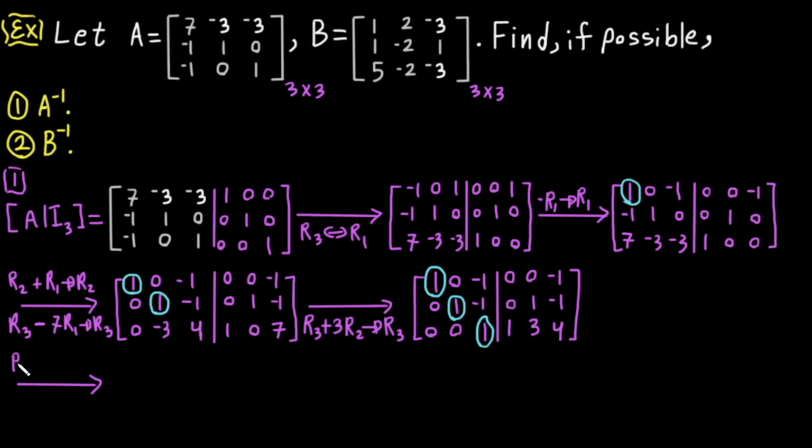So row 1 plus row 3 in row 1, and row 2 plus row 3 in row 2.